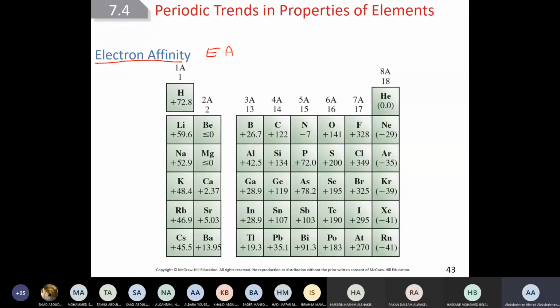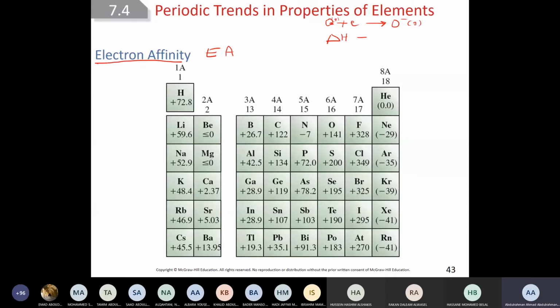So if I want delta H for oxygen, oxygen gas plus electron goes to O minus gas, what's the electron affinity?